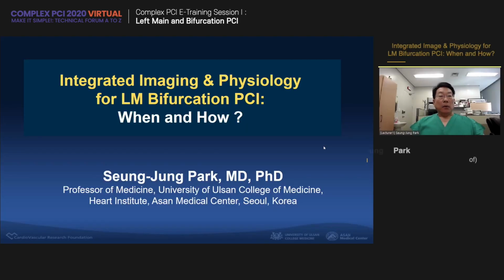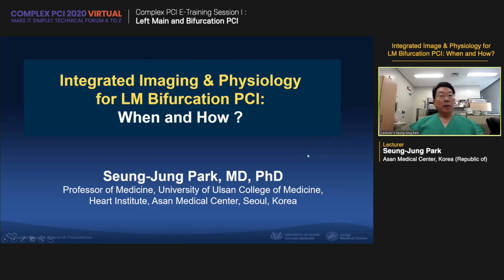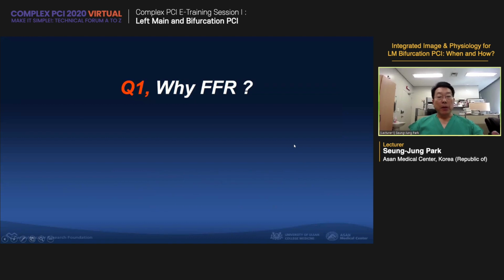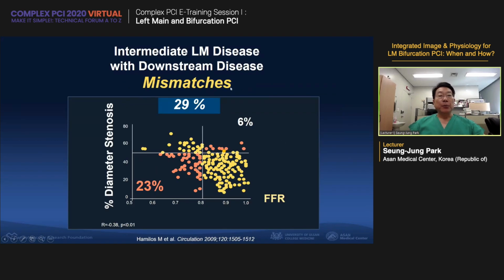When and how? SJ? Okay, my talk is regarding the integrated use of imaging and physiology for left main bifurcation PCI, when and how. At first, why FFR? We have already changed a lot in real practice, especially for intermediate left main disease with downstream disease.